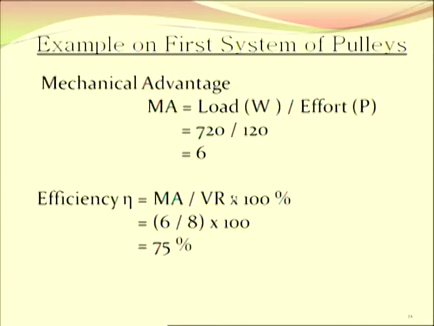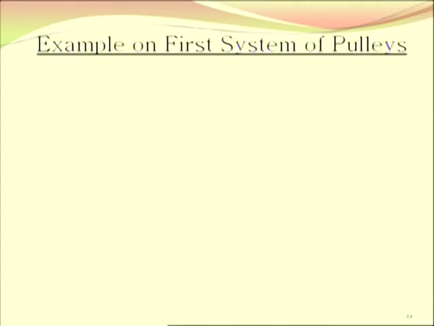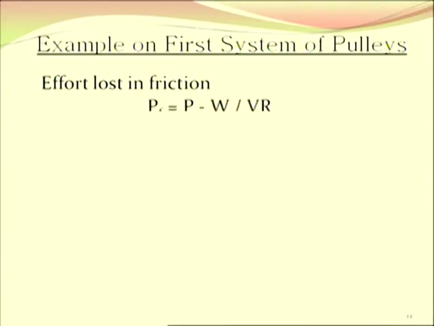So here we have calculated mechanical advantage, velocity ratio and efficiency for example number 3. Now the effort lost in friction, that is PF, equals P minus W upon VR. So it is equal to effort minus load upon VR.